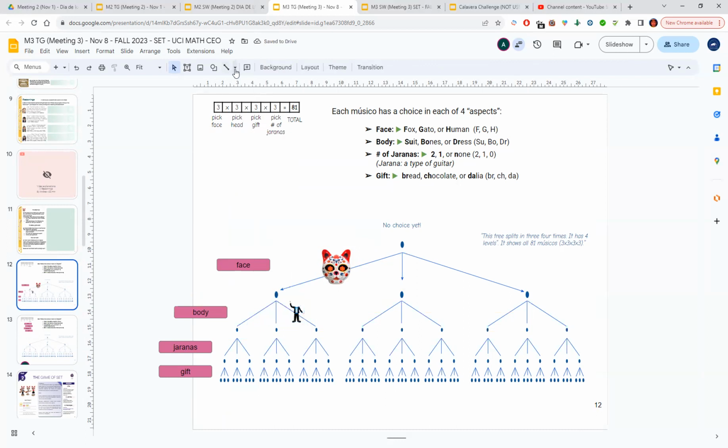So what's nice is that this partial tree here represents exactly at the end the gatos that wear a suit, some pants. And so you can see again that it's 9. There's 9 options. 3 times 3.